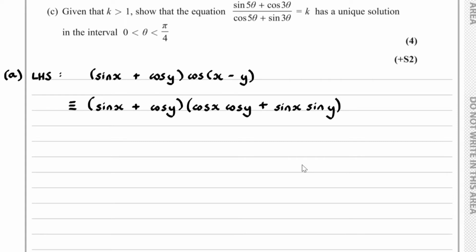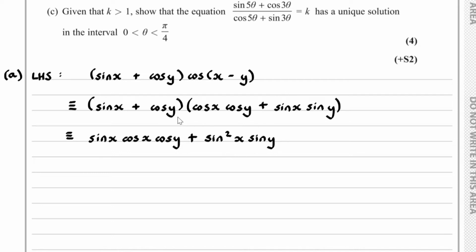And then, if I expand out, we have sin x times by cos x cos y, so that will be sin x cos x cos y. Then we have sin x times by sin x times by sin y, so that will be sin squared x sin y.